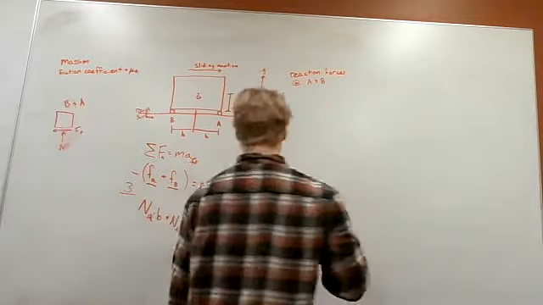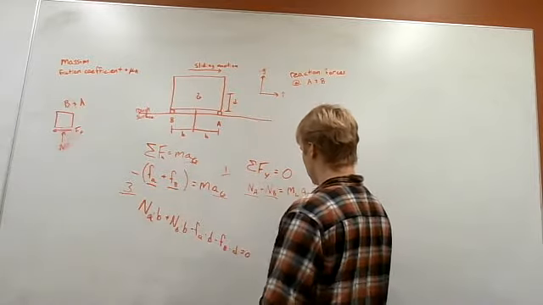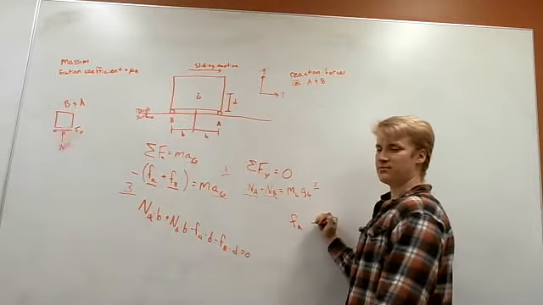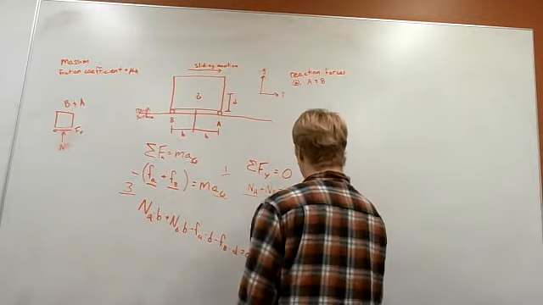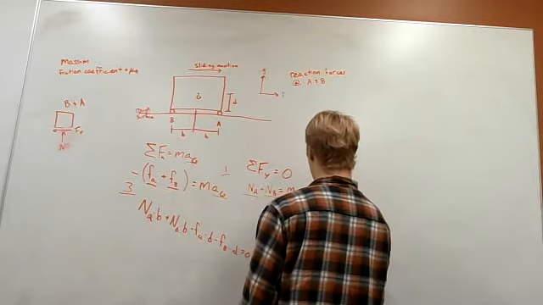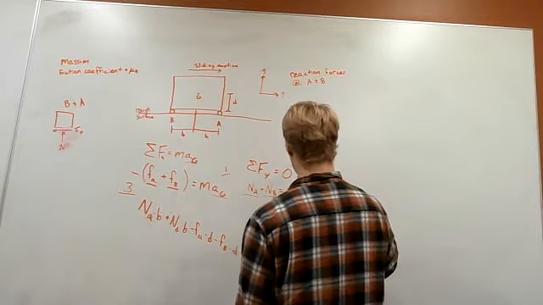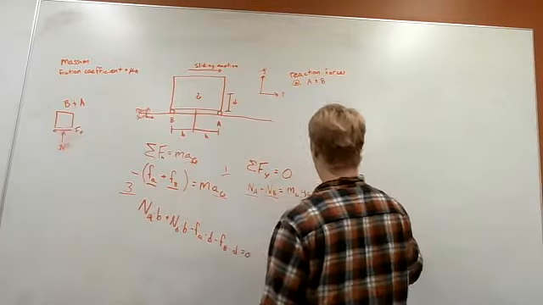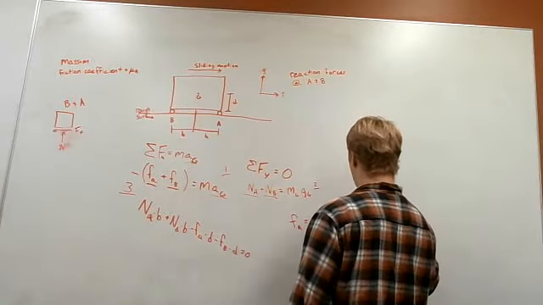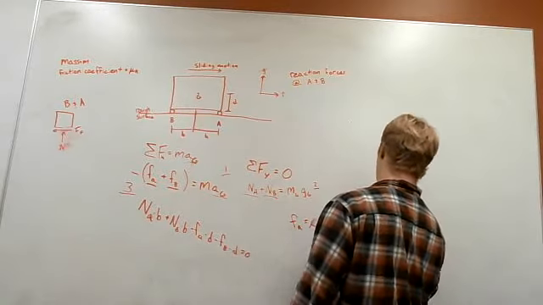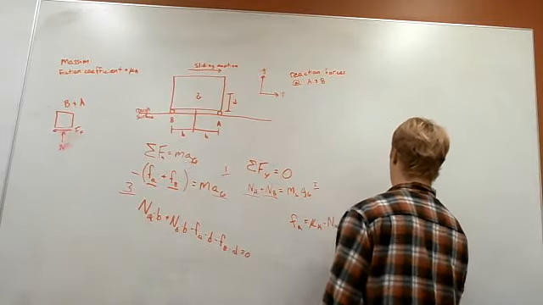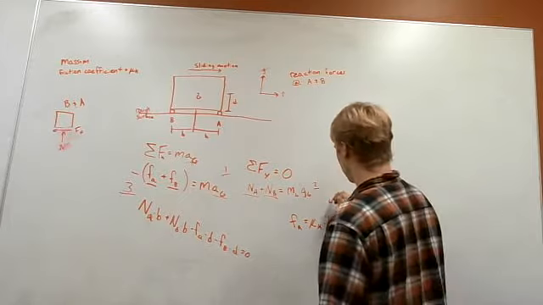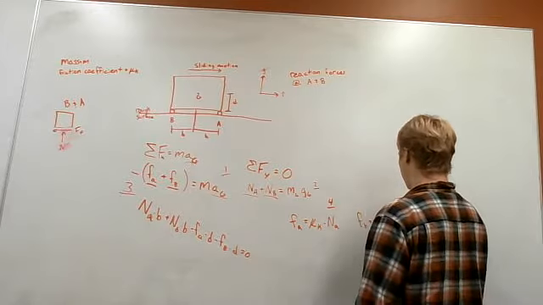And then our fourth equation, the friction force at A is equal to mu K times the normal force at A, and the friction force at B is equal to the coefficient of friction times the normal force at B. This is our fourth and fifth equation.